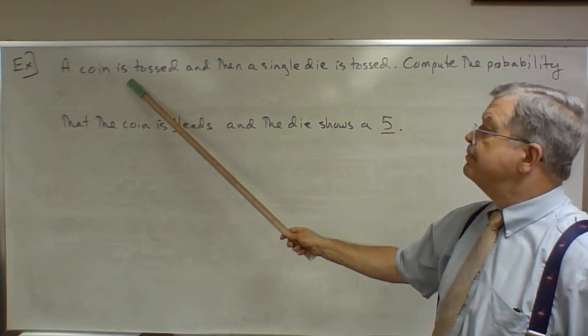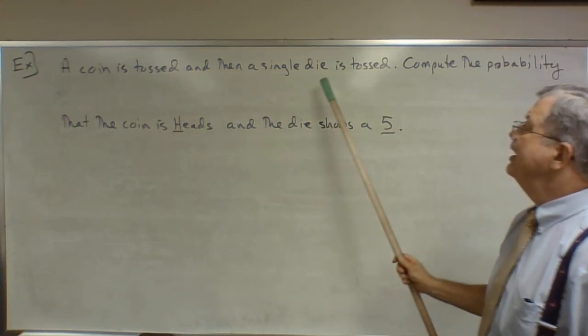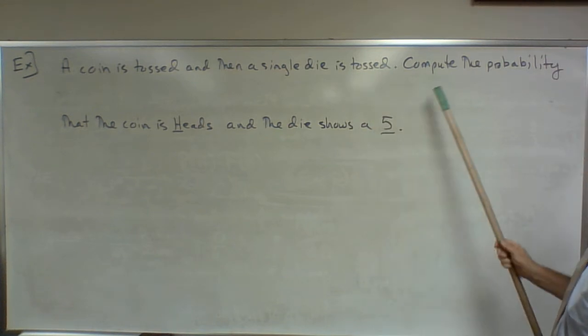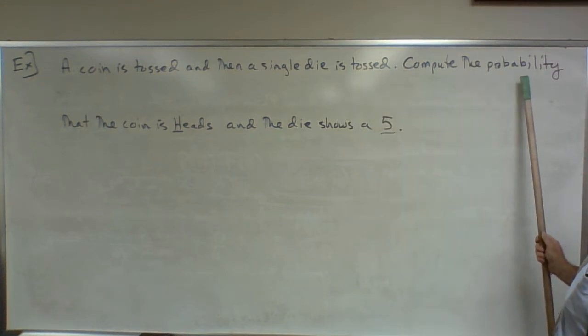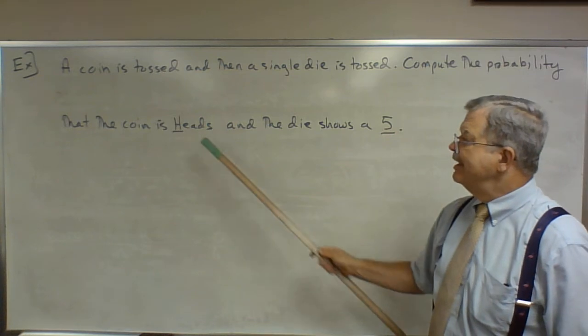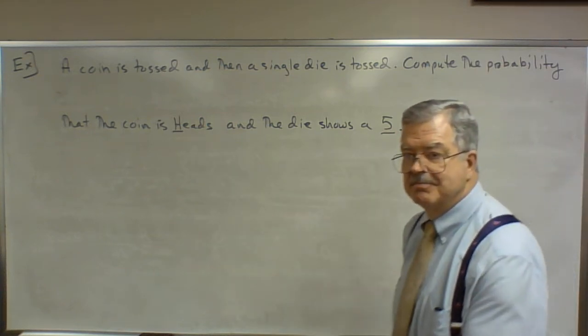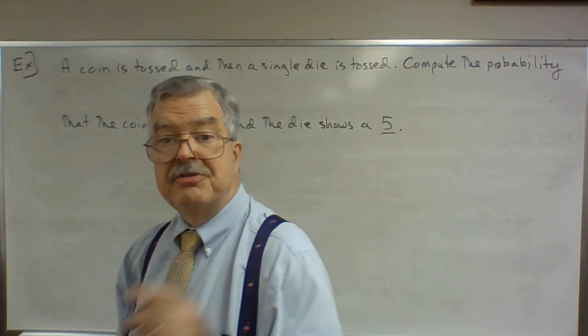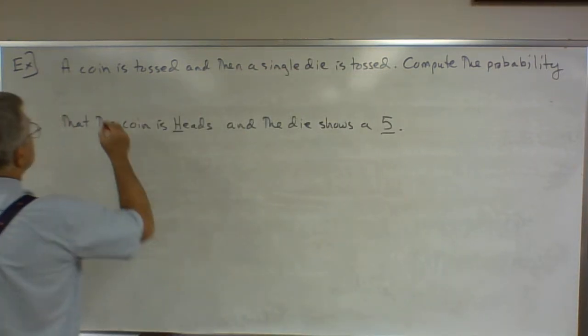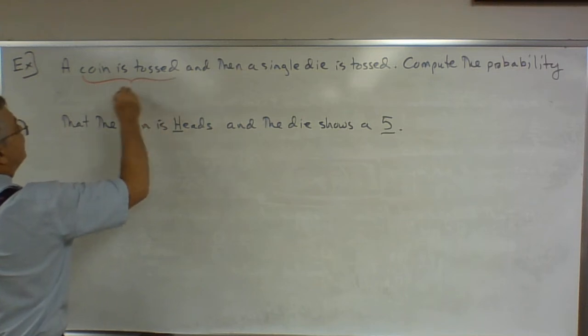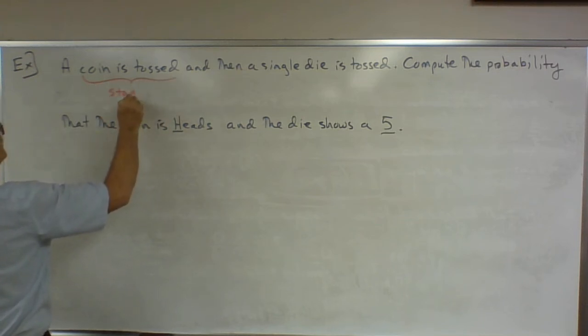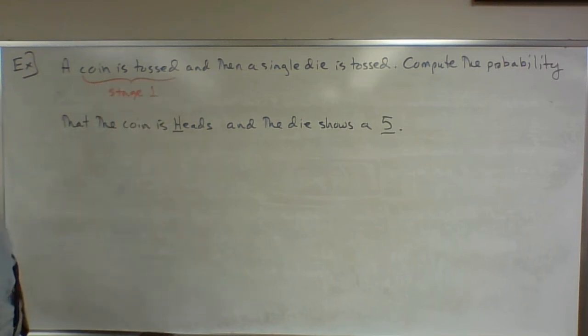Here's an experiment. A coin is tossed, and then a single die is tossed. Compute the probability that the coin is heads and the die shows a 5. Okay, it's a two-stage experiment. A coin is tossed, that's stage 1.